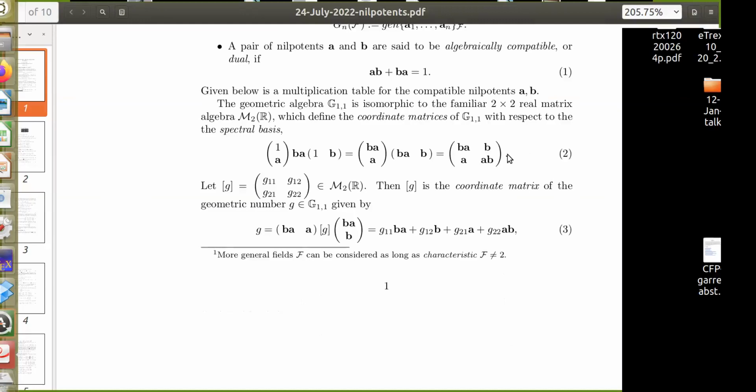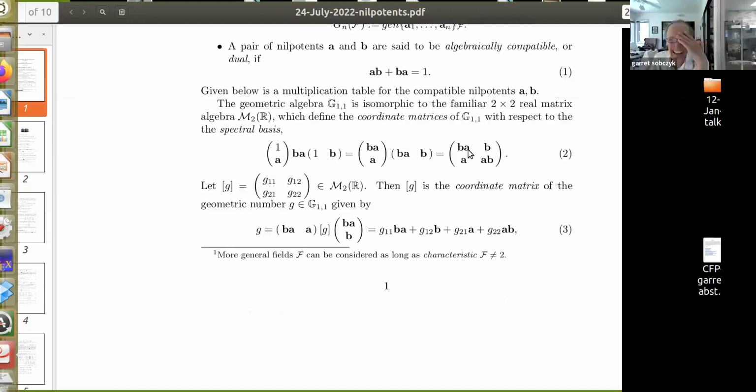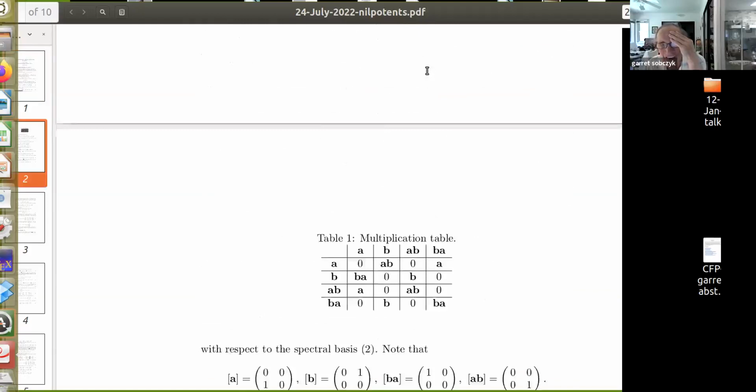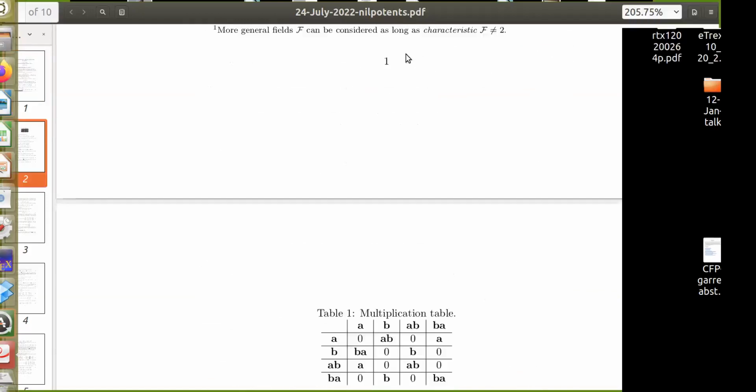Yeah. Okay, look at my equation on the left here. Remember, BA is an idempotent. So if I multiply BA times 1, I get BA. And if I take BA times AB times A, I get ABA, but we saw from the multiplication table that that's equal to 1, 2, right? From this table here.